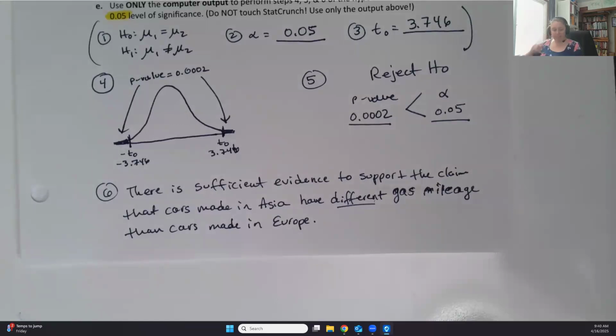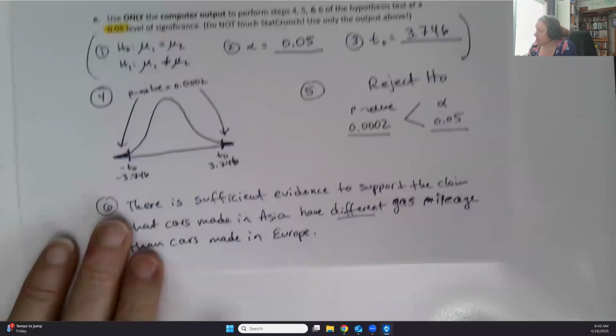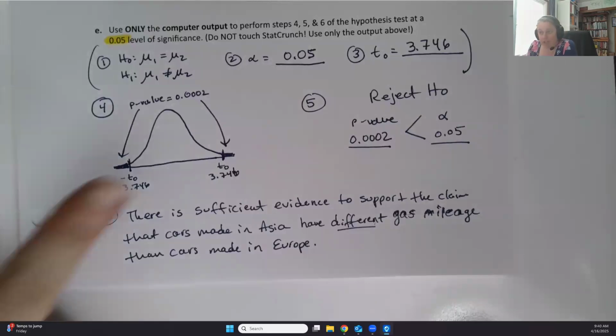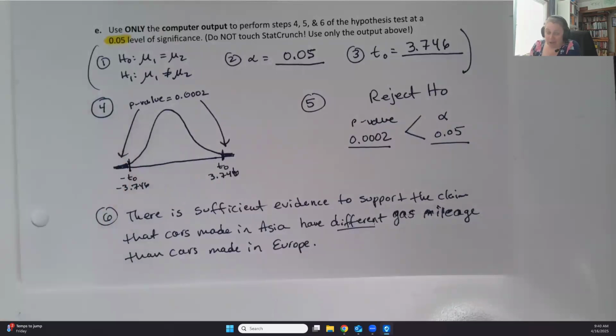Everybody good? Do you understand what to do now? Nobody's lost? So the first 3 steps were not technically required. What was required was the bottom bit, right? But you can do a picture even though you don't have StatCrunch doing the picture for you. You can still draw a picture. You have a sense of what that looks like.